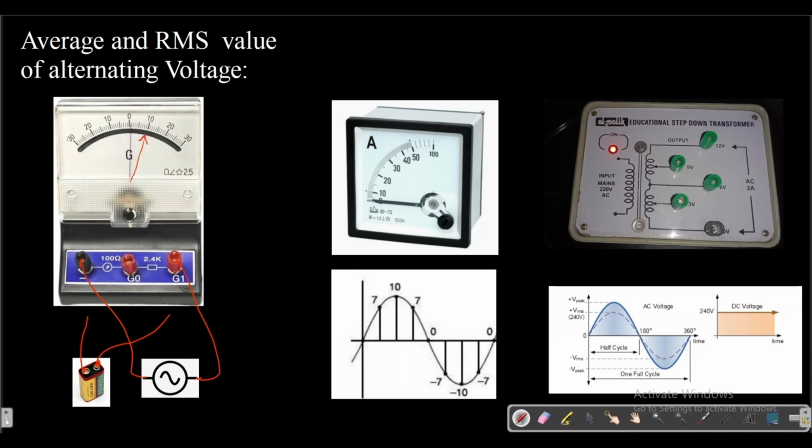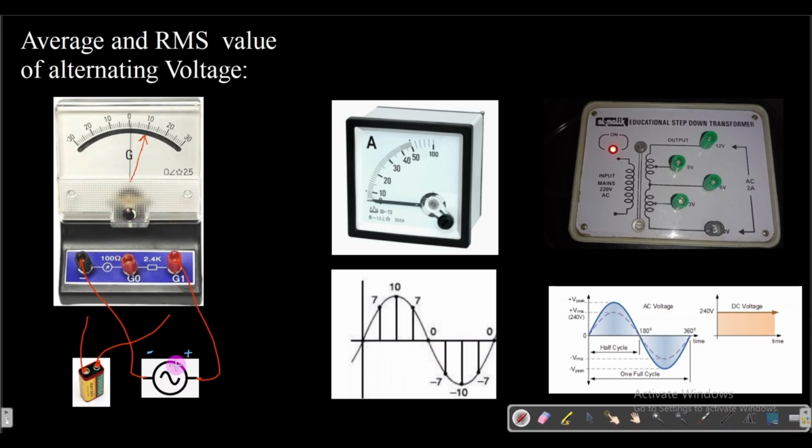If we connect the AC supply, we know that in AC supply the polarity is changing. Let's say this side becomes positive and this is negative. In that case, the needle will be deflected on the right side of zero.